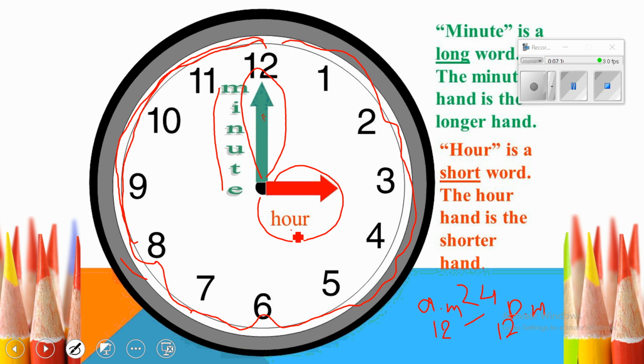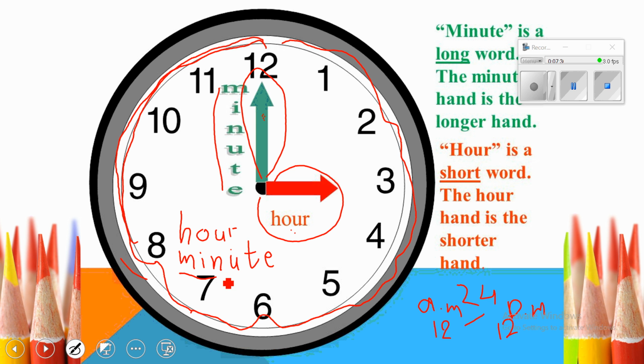And the word hour is short, so its hand is short. Can you write hour here? Let's write together. Let's write the minute. Which word is longer? Perfect, the minute.